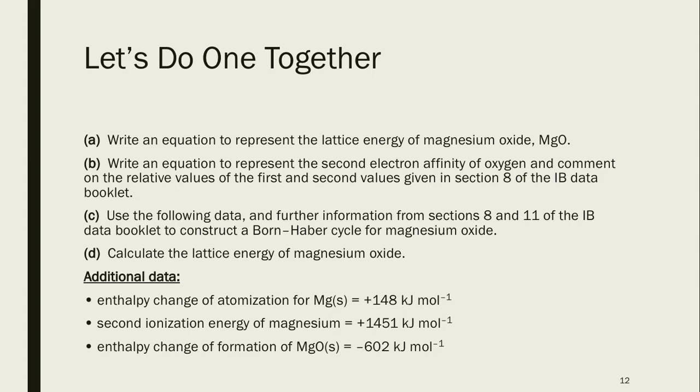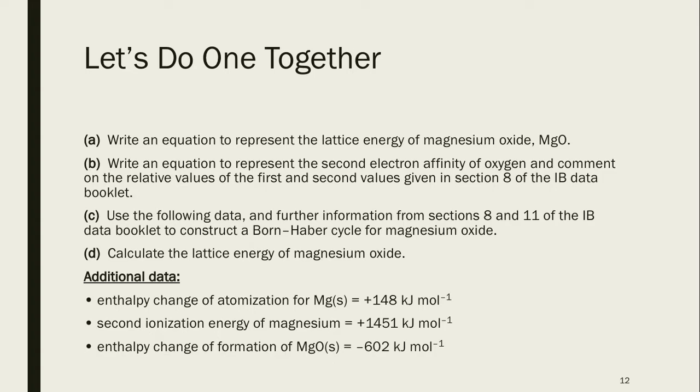Letter B says write an equation to represent the second electron affinity of oxygen and comment on the relative values of the first and second values given in section 8 of the IB data booklet. Section 8 is going to be really important because it includes electron affinity as well as the ionization energy value. Oxygen, when it turns into an ion, is 2 negative.